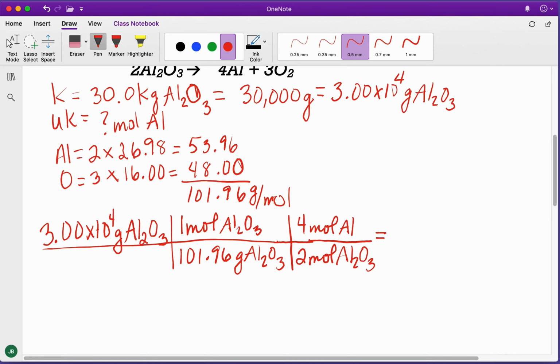All right, so you're going to put all of that into your calculator. Remember, multiply across the top, then multiply across the bottom, and then divide those 2 numbers. All right, so when you do all of that work, you should come up with 588 moles of aluminum.